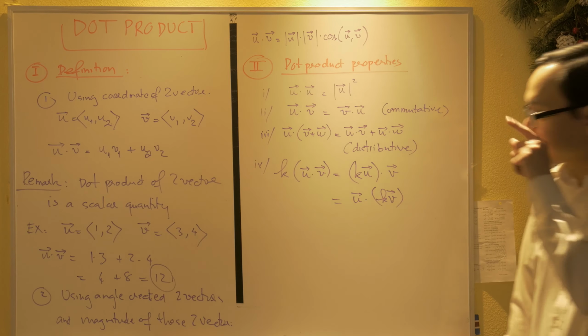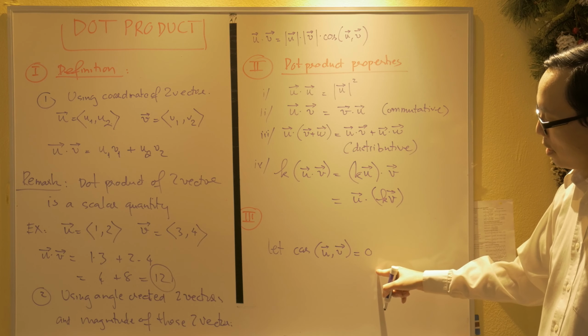What if I let the cosine of the angle between vector u and vector v equal 0? Then the whole thing here is 0.